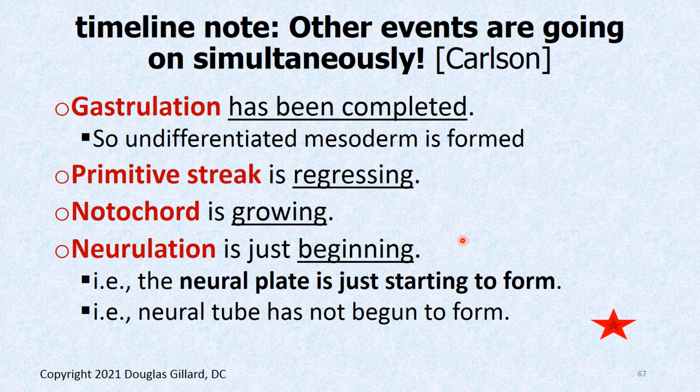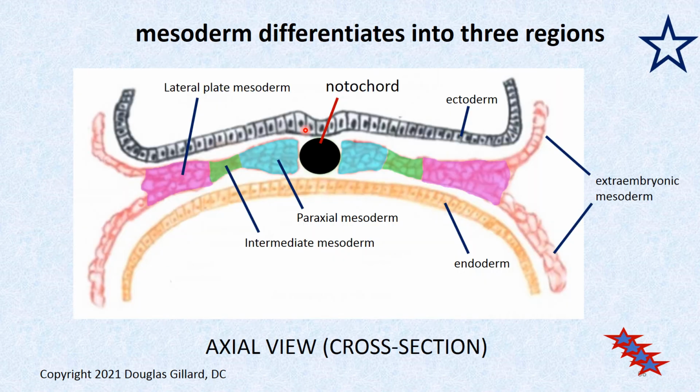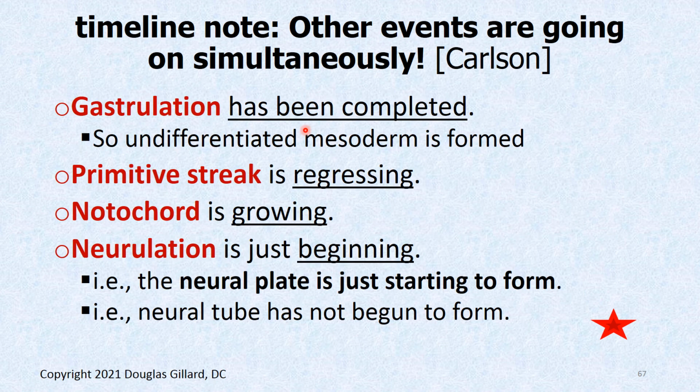All right, and now just a side note, we do have other events going on simultaneously. Gastrulation is done, right? Because we had to make mesoderm. We can't segment this mesoderm or clump it into groups. We have to have it there first. Gastrulation is the process of making the 3 germ layers, including the mesoderm.